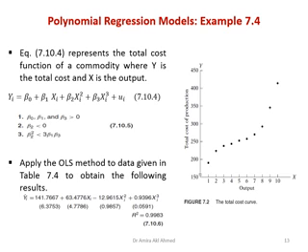Note how the total cost curve first increases gradually and then rapidly as predicted by the law of diminishing returns. This S-shape of the total cost curve can be captured by the third degree polynomial shown by equation 7.10.4.